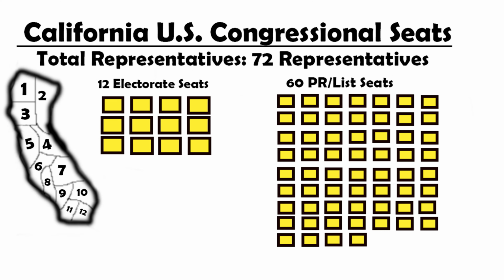I split it, meaning they get 12 electoral districts, 12 electoral seats, and they also get 60 PR or party list seats, which are representatives taken off the list in order of their party's list. The candidates all run in these 12 districts, and only one person can win.